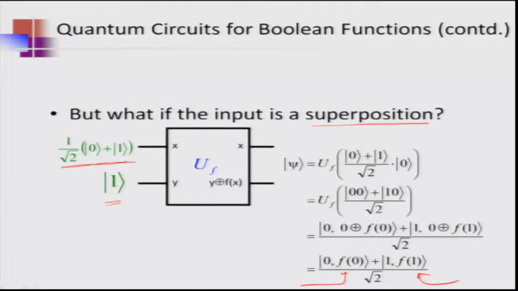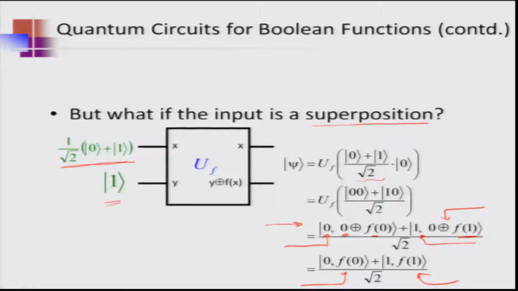So, we have the unitary function working on the superposition function and that gives rise to 2 different kinds of conditions where the 0 bit is having the addition with respect to f of 0, under the condition that our first qubit is 0, and when our first qubit is 1, then the Boolean addition is going to be with respect to f of 1.